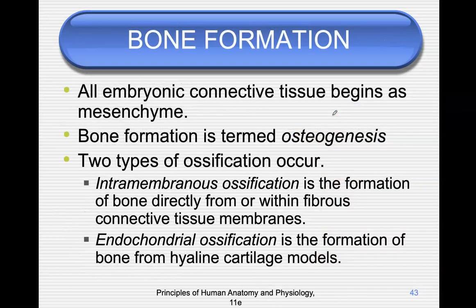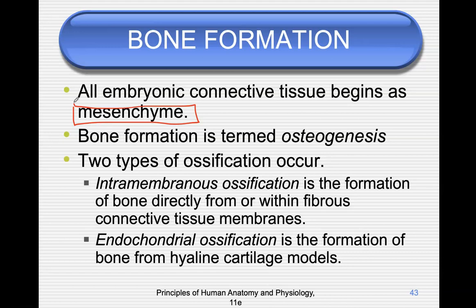So let's get into bone formation now. When we talk about bone formation, all embryonic connective tissue begins as special stem cells that we call mesenchyme cells. Mesenchyme is a word you'll have to get used to.